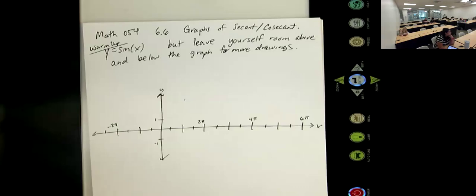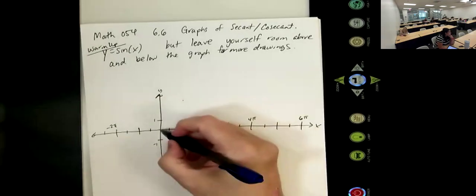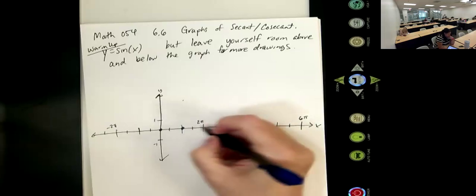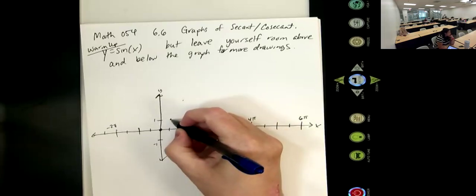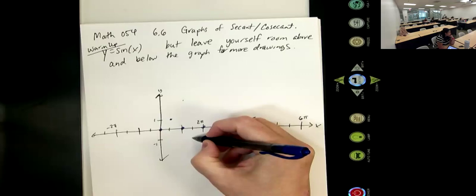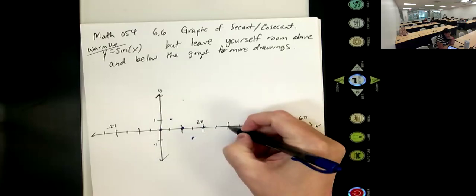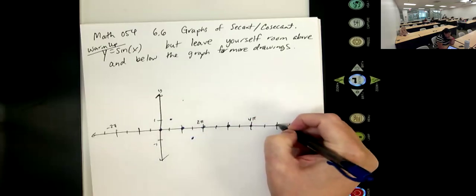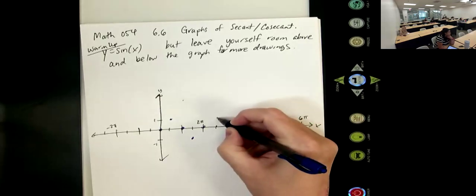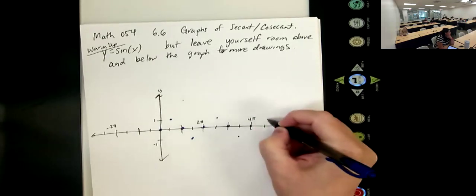Alright, so sine starts off at 0 and every pi it has a 0. And in between it goes high then low. So I'm gonna graph a few cycles of these.